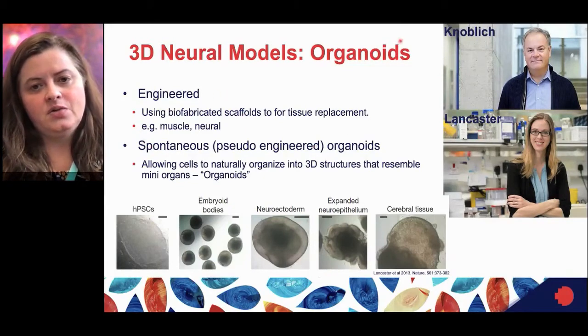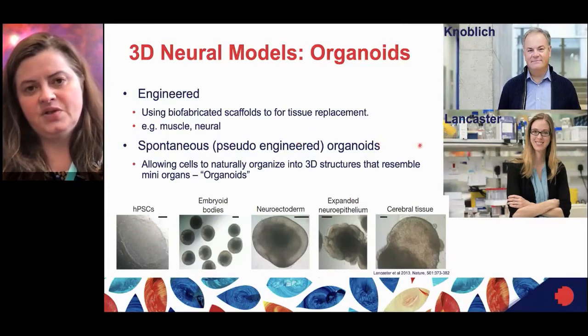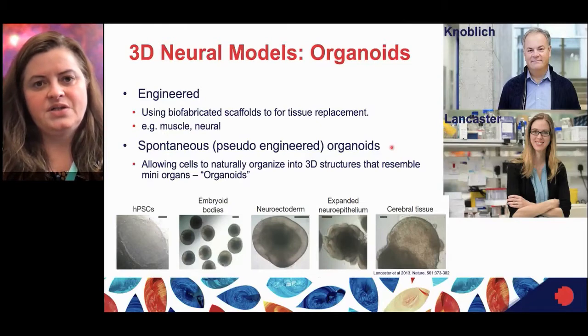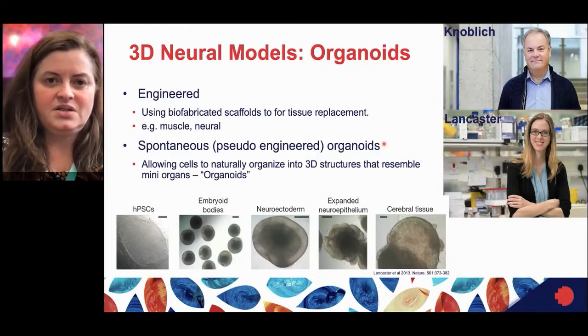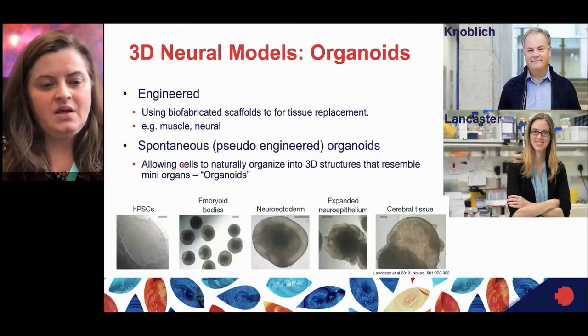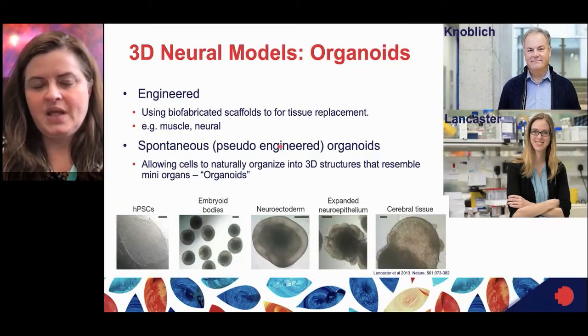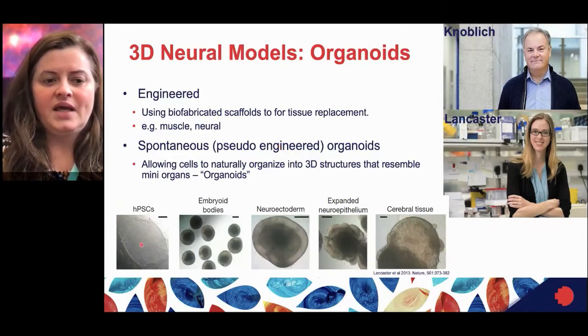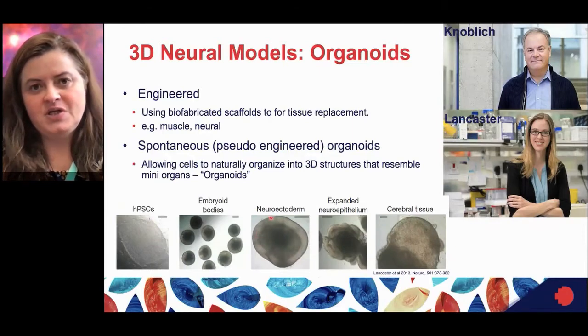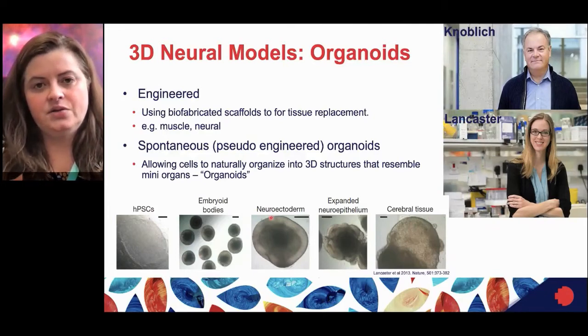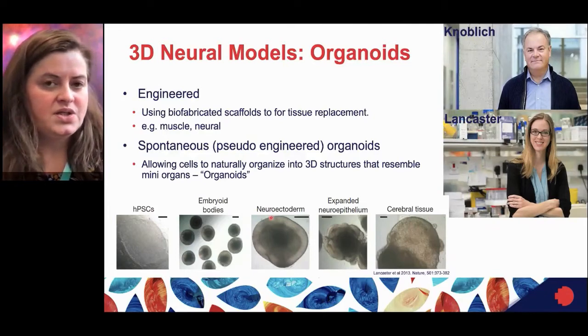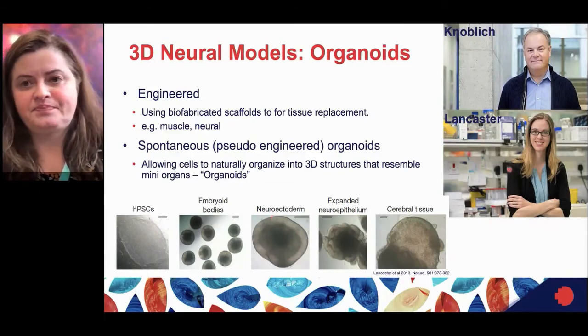But you can also use organoids as 3D models, particularly if you're doing drug testing or looking at the effects of a particular disease on tissue behavior. The organoids form spontaneously, they're kind of pseudo-engineered. You put them in a situation where they like to form these 3-dimensional structures, and the cells will actually self-organize into structures that resemble the structures that you see in the brain.